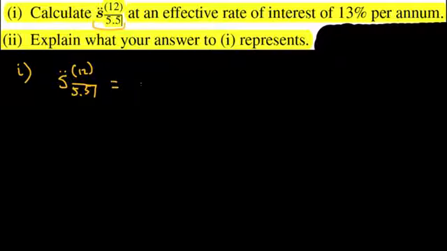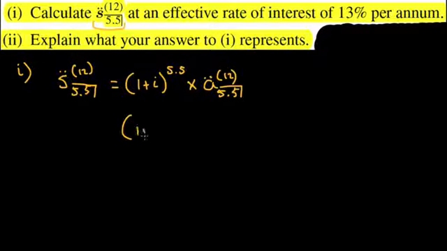My first thing is to turn it into an annuity, where I'll say (1 plus i) accumulating 5.5 years, or n periods into the future, and then multiply that by an annuity due to the 12, still 5.5. That's fairly straightforward. Instead of 1 plus i, I'll make it 1.13 to the 5.5, because we can have numbers in this.